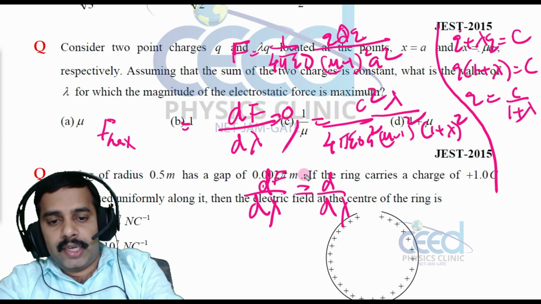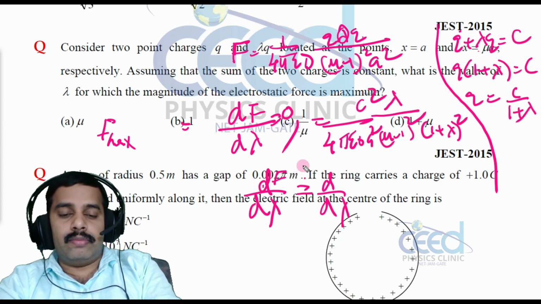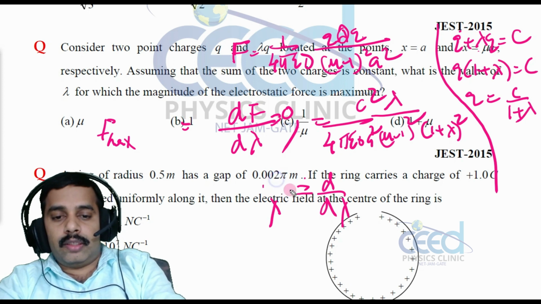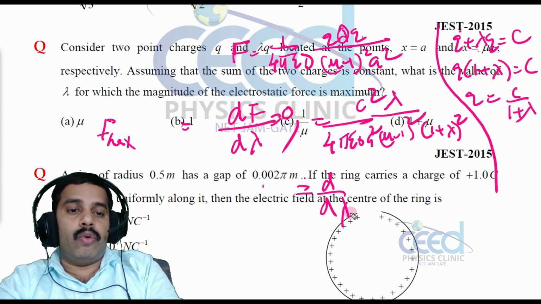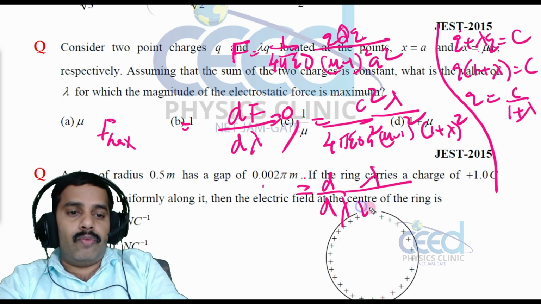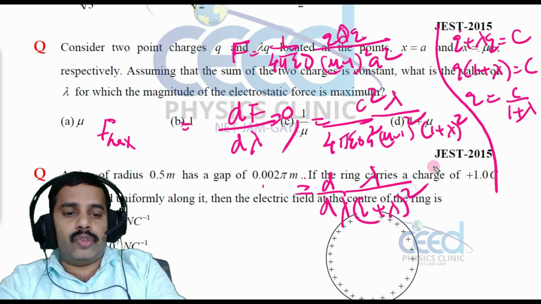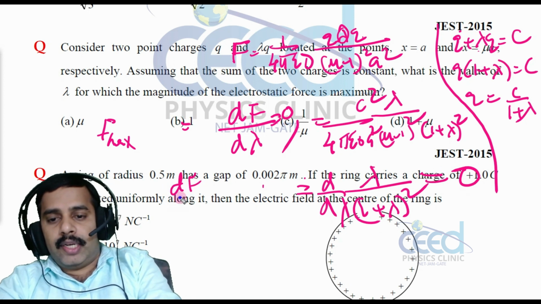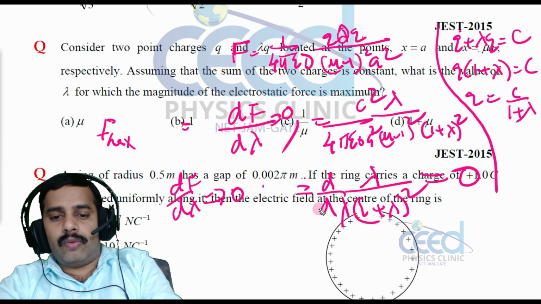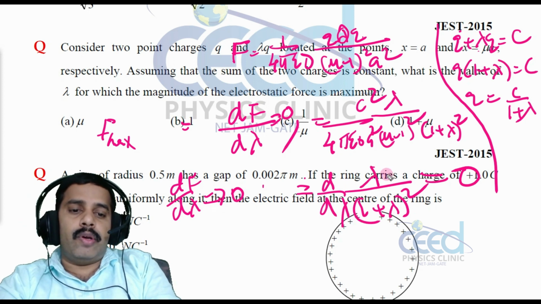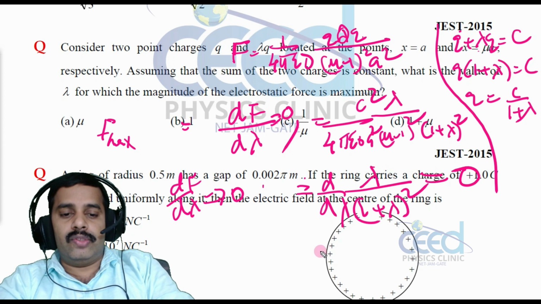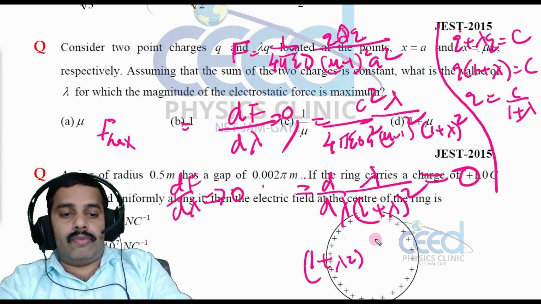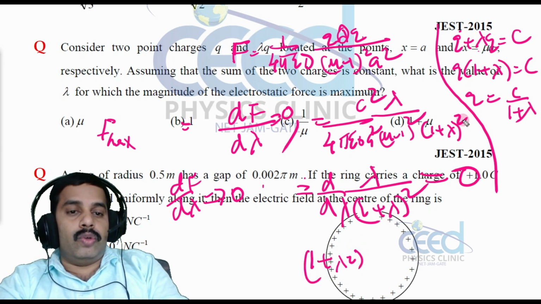So dF by d lambda equal to 0 means we can say d by d lambda of lambda by (1 plus lambda) whole square is equal to 0, right? That is (1 plus lambda) whole square, that we can write here.